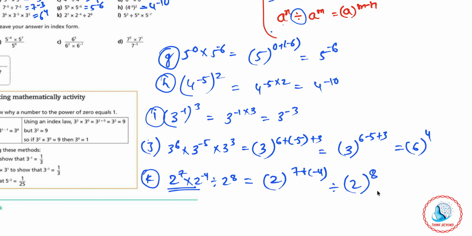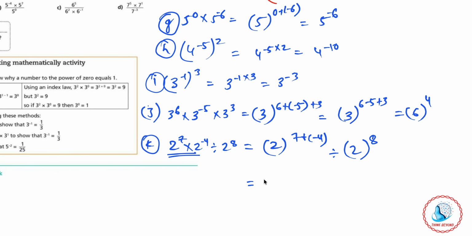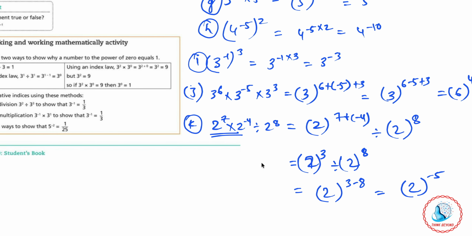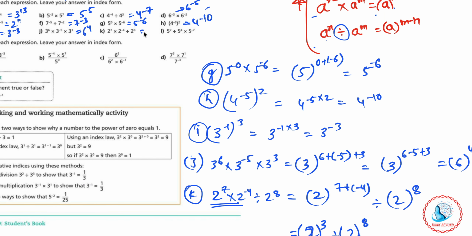Okay, now do it. 7 minus 4 is how much? 3, divided by 2 raised to power 8. Now apply the second formula. 2 raised to power 3 minus 8, which is going to give you 2 raised to power minus 5. For question number K, the answer is 2 raised to power minus 5.